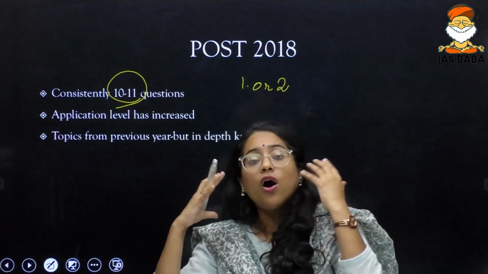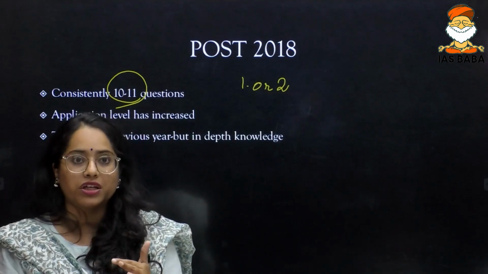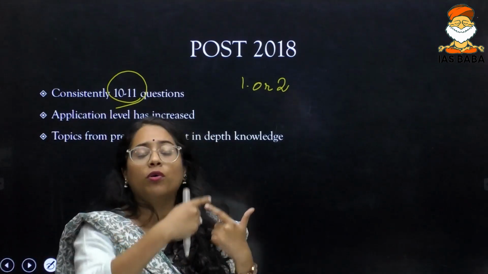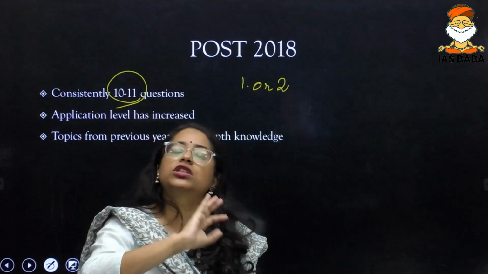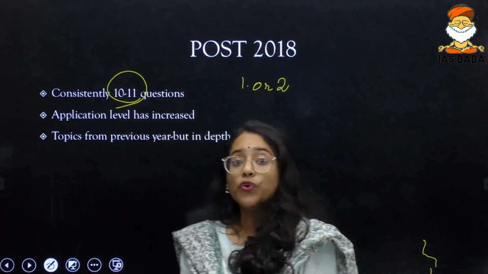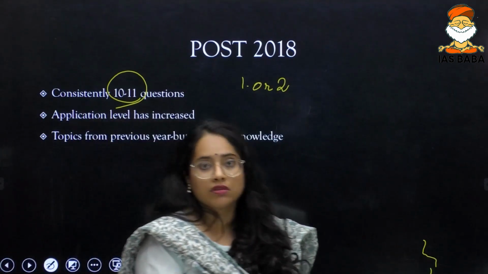Got it? So now it has moved from a factual thing to an application-oriented question. Better yet, they will make it even a little more difficult. They'll say, okay, this geostationary satellite is there in that particular orbit. So now you know that same question can be made into an application level thing.